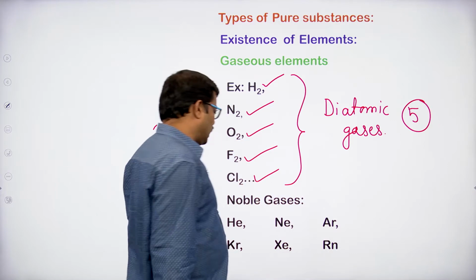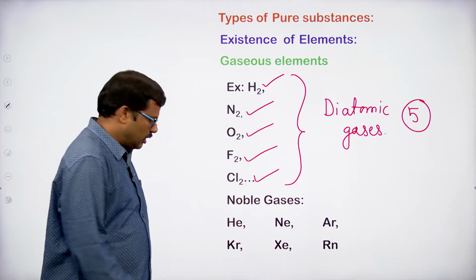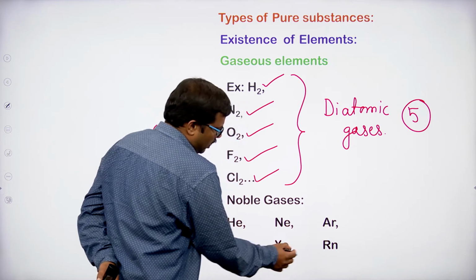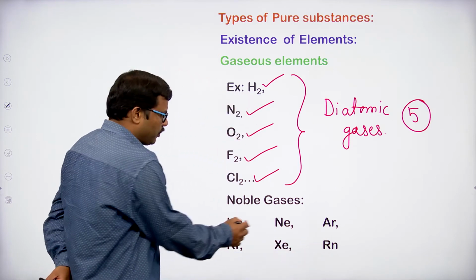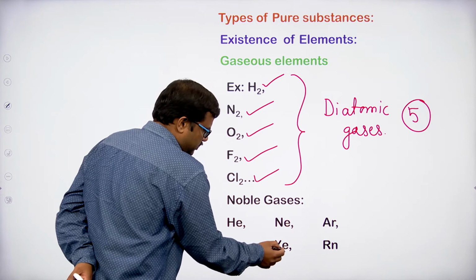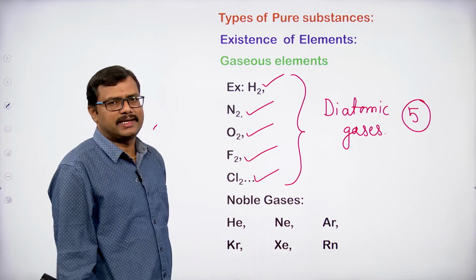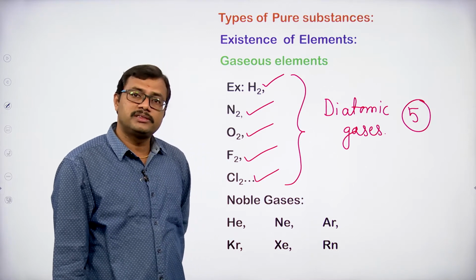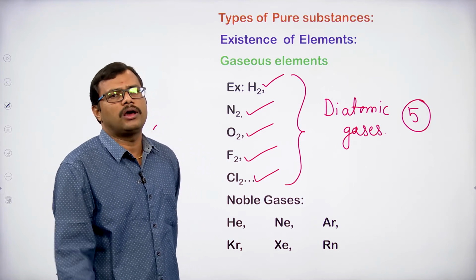And if you observe the noble gases: helium, neon, argon, krypton, xenon, radon. In nature, these noble elements exist as monoatomic gases.